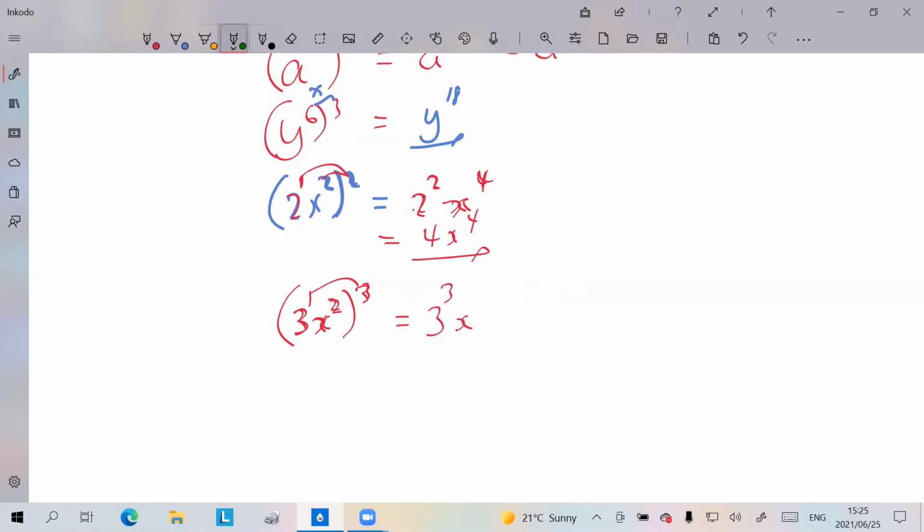X to the power 2 times 3 is 6. I know the answer for the number is 27. How do I get 27? When it's to the power 3, it means 3 times 3 times 3. That's what the power means. When you work that out, 3 times 3 is 9, times 3 is 27. X to the power 6, there's your answer.